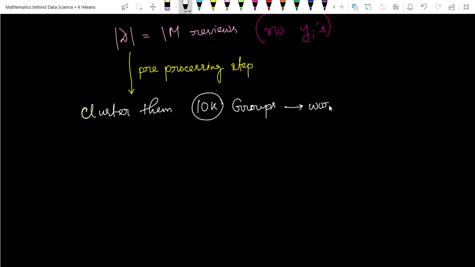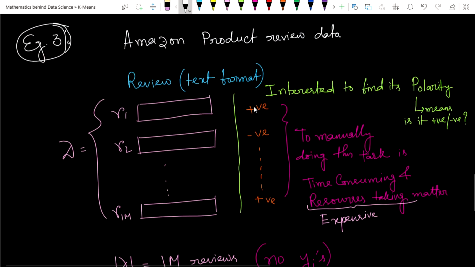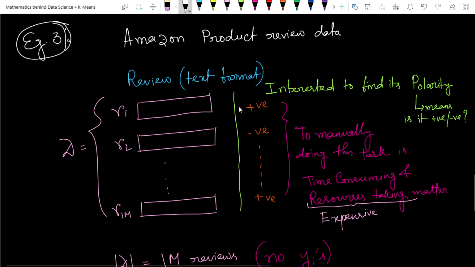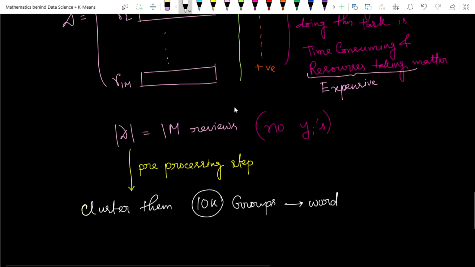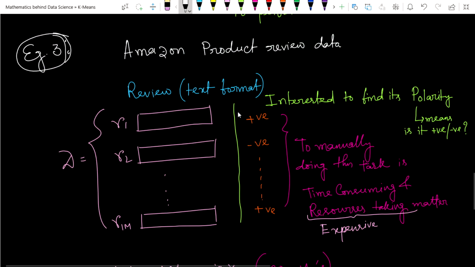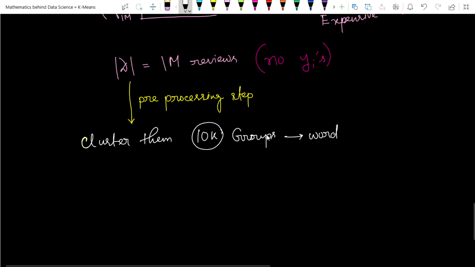Here the similarity is based on words. Previously we discussed that the definition of similarity used in unsupervised learning, meaning the clustering technique, depends on the specific problem. In this problem, finding the polarity of reviews, the grouping technique simply uses the word similarity concept.